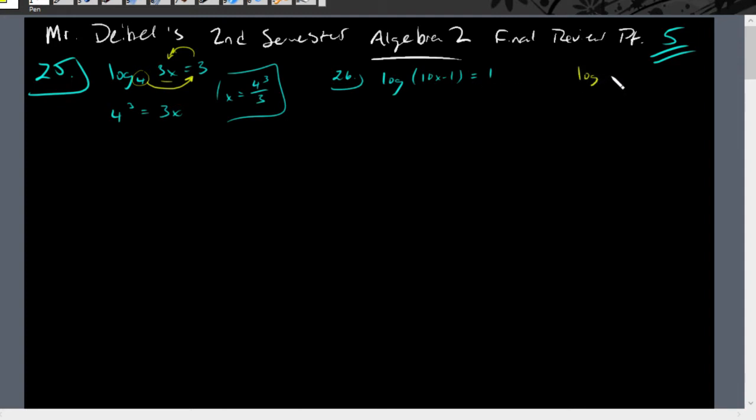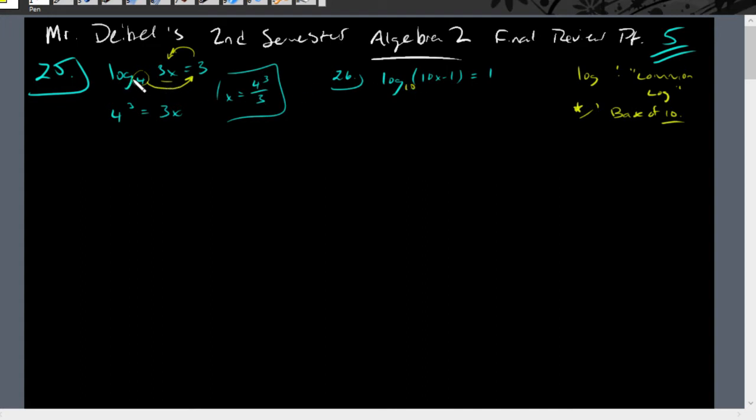When you just see log by itself, that is called common log. And common log has a base of 10. This bit of info is going to show up on your final. And it's just going to say, what is the base of common log? And all you need to put is 10. That's one problem on the final that you'll get the answer to.